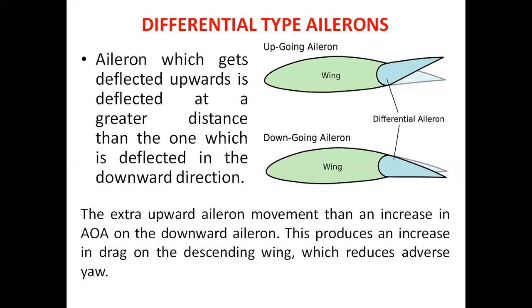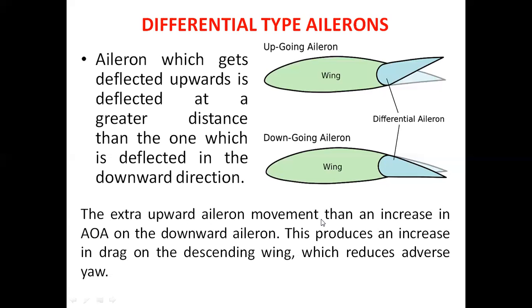Now overall, the drag of both wings, left and right, will get equalized. By this factor, adverse yaw may be minimized. So we can conclude that the extra upward aileron movement, compared with the increase in angle of attack on the downward aileron, produces an increase in drag on the descending wing, which will reduce the adverse yaw situation.